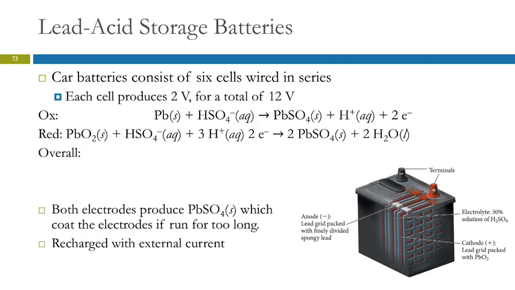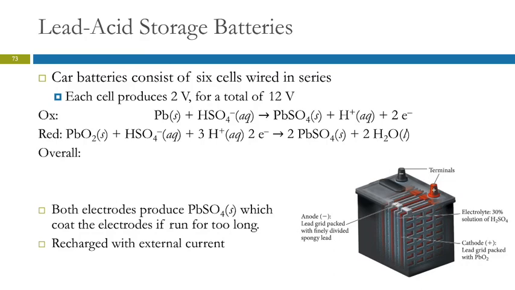Okay, a lead acid storage battery. Okay, so here's a picture of one of these. Where do you see these? Under the hood of your car. So this is what a typical car battery is. It actually consists of 6 separate cells that are wired together, because the car battery produces 12 volts.